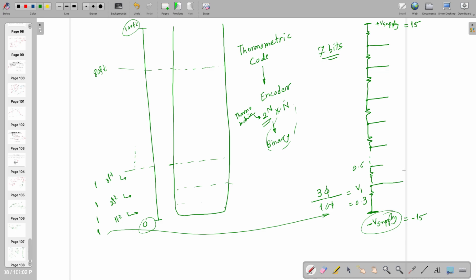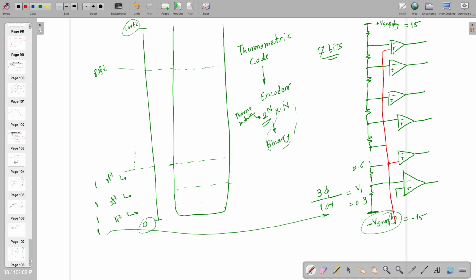And if I am connecting with an op amp, there is a series of op amps available whose one input is the voltage created by you, it might be at minus or plus, and the other input is the real input where the water level is coming.